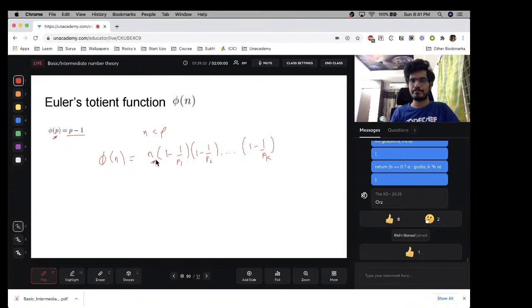So given that, phi of n can be written like this. I would encourage you guys to prove it by yourself, how we get this.